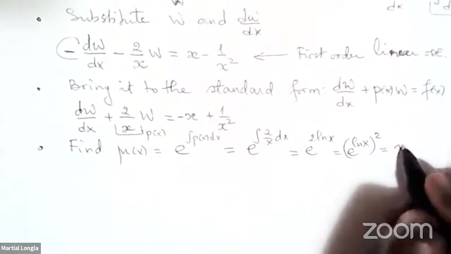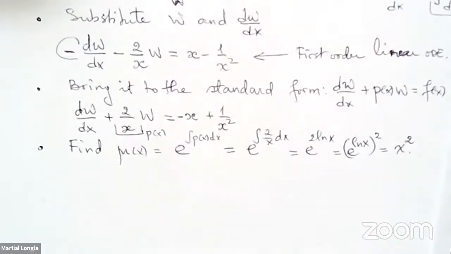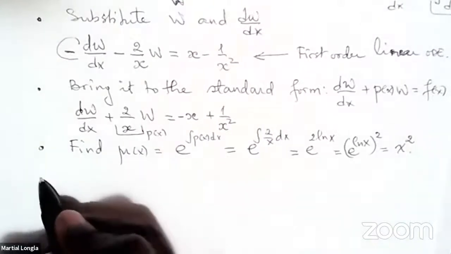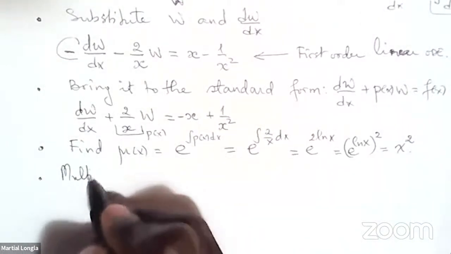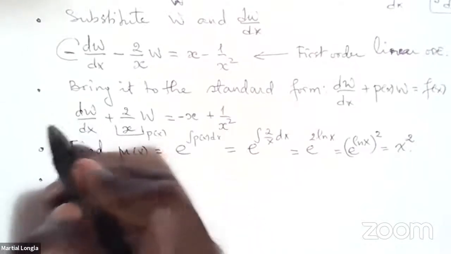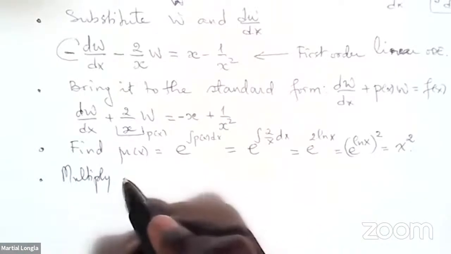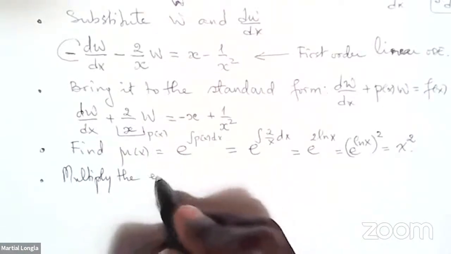That is x squared. So the integrating factor in this case is x squared. And the next thing is therefore to multiply the whole equation by the integrating factor.